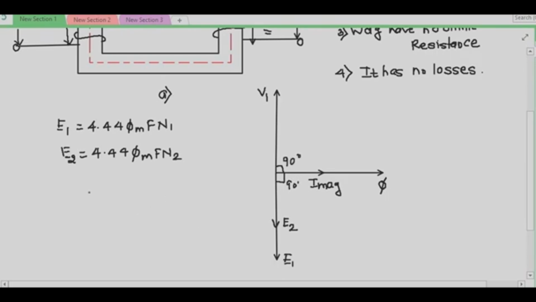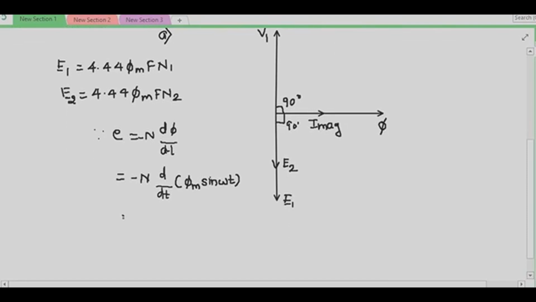Students, we have seen what Faraday's second law said. The magnitude of EMF is directly proportional to the rate of change of flux linkages. As this flux is alternating, I can write this as minus N d by dt of phi m sine of omega t.